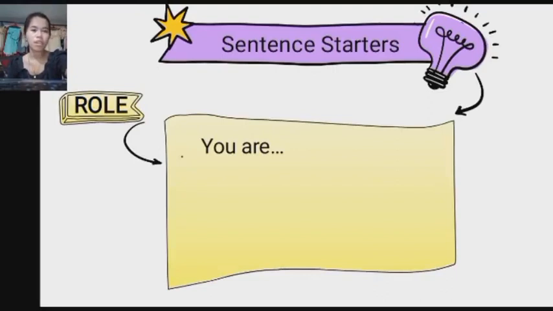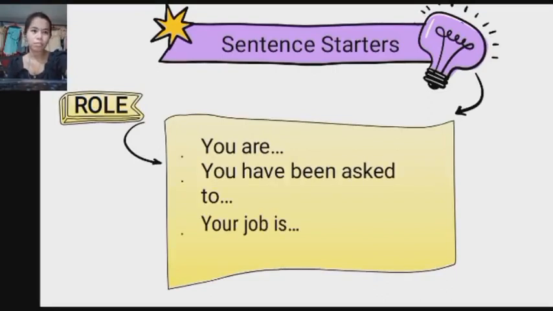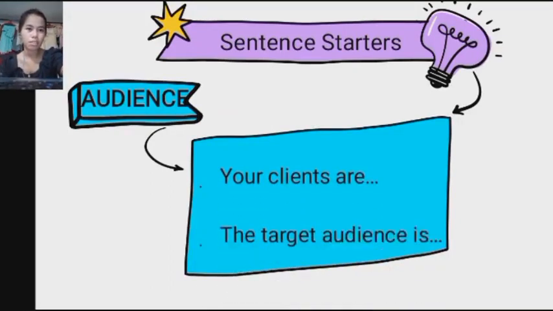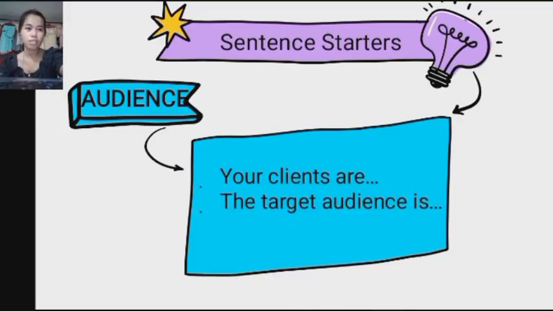You have been asked to, and your job is. So for the audience, the sentence starts with, your clients are, the target audience is, and you need to convince.